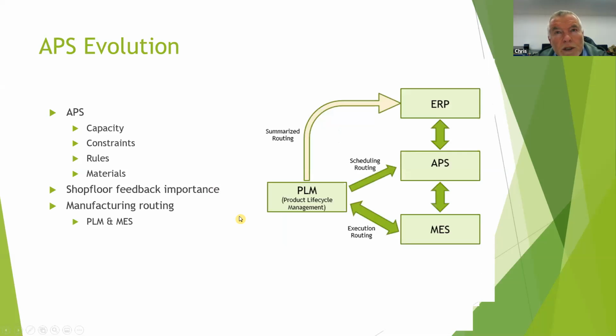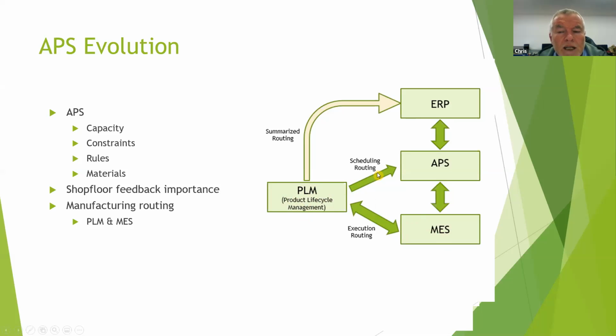And today what we see happening is product lifecycle management tools starting to come out, and PLM tools now define what the schedule should be looking at from an execution point of view, which could be the sequence in which you do the tasks, the quality steps you must go through, the various bits and pieces which you don't need in the scheduling.